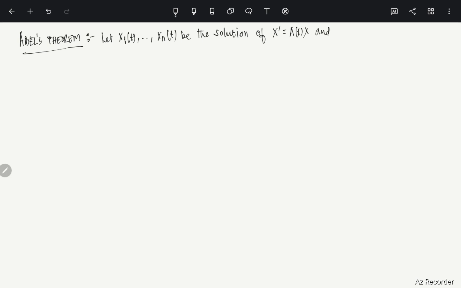Let's say I am assuming there is a point t naught in I. Clear?